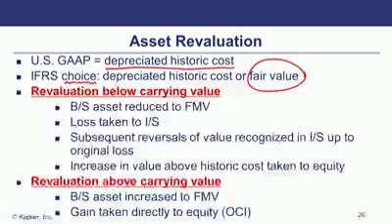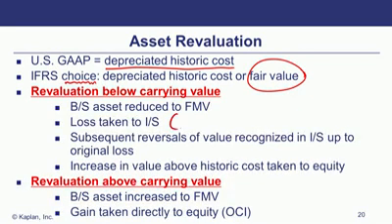That means as the fair value of an asset fluctuates, we're going to get unrealized gains and losses. Let's take a scenario where revaluation takes the fair value below historic cost. Notice in the balance sheet, the asset is reduced to its fair market value. We can then take the amount below historic cost to the income statement.